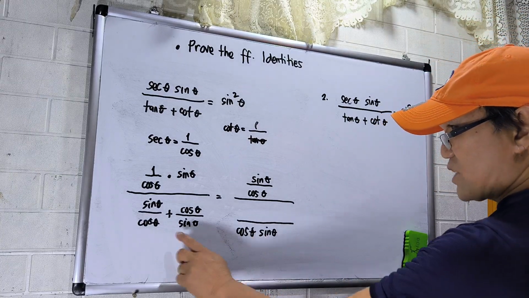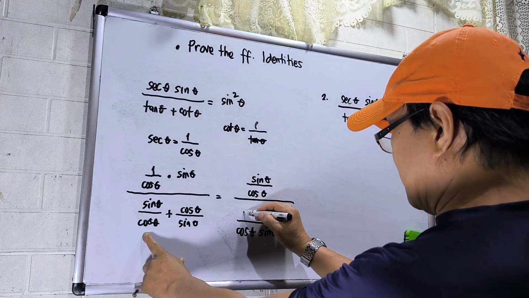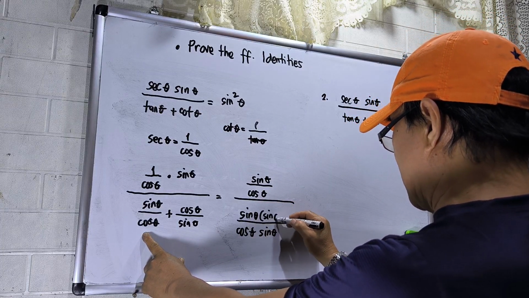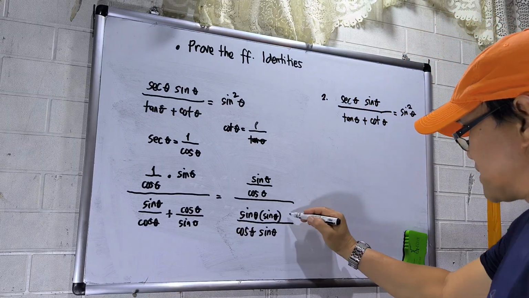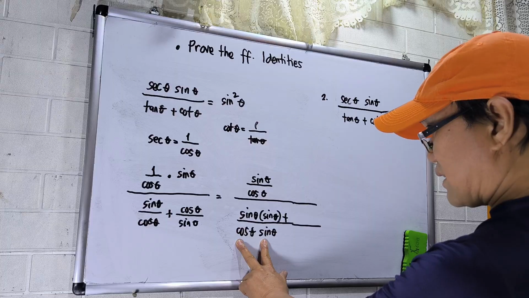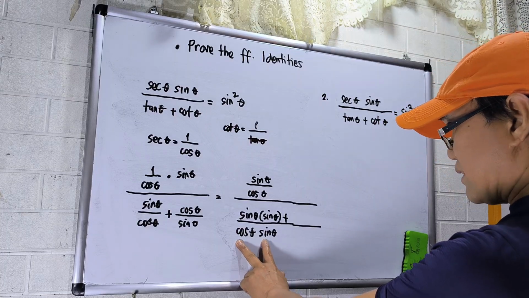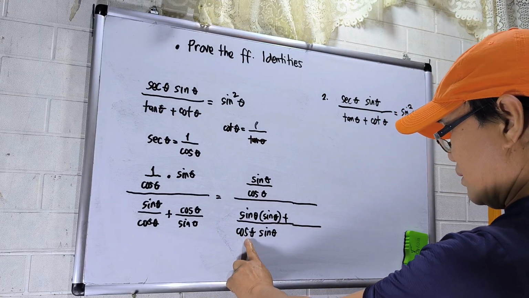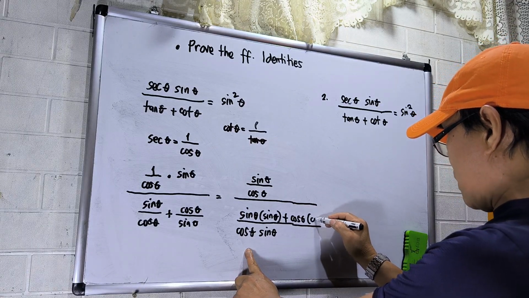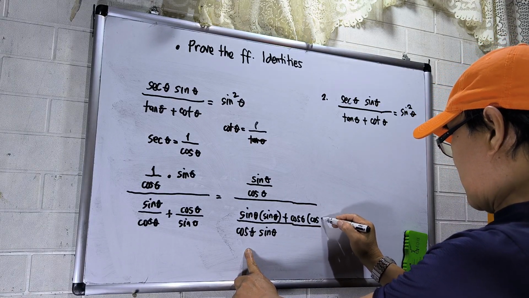Okay, LCD, divide this one. So I have now sine theta times sine theta. Then plus cosine theta divided by cosine theta, sine theta divided by sine theta. So this will be cosine theta times cosine theta.